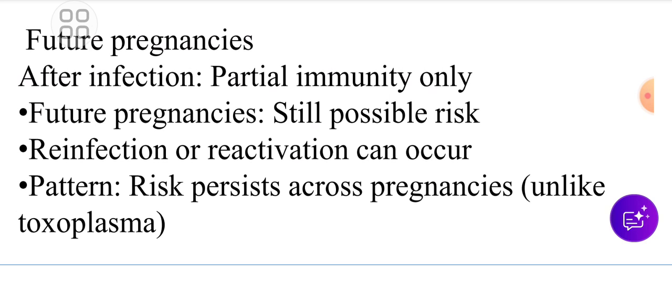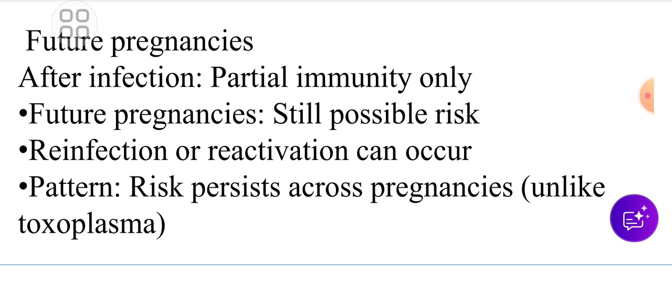The effect on future pregnancies after first infection: there will be only partial immunity. Still, the future pregnancies are at possible risk. Reinfection or reactivation can occur, so the risk persists across pregnancies, unlike toxoplasma.